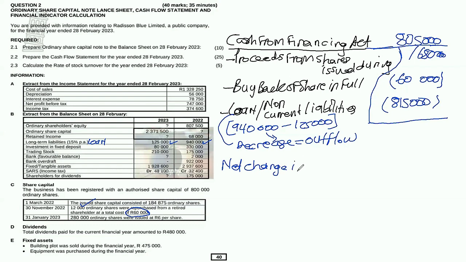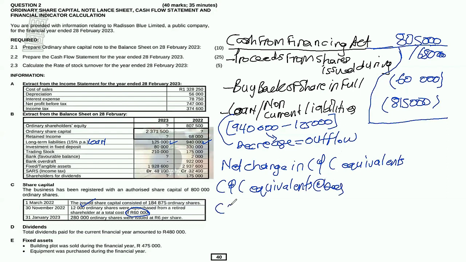Right. So now our last step is to calculate our net change in cash and cash equivalents. So we have cash equivalents at beginning, then cash equivalents at end.